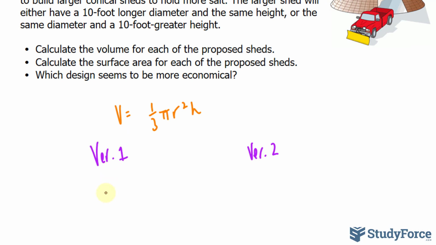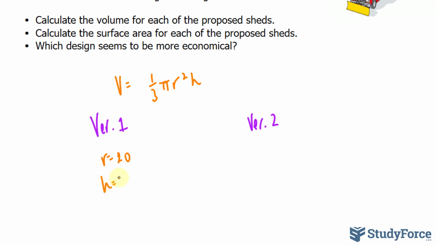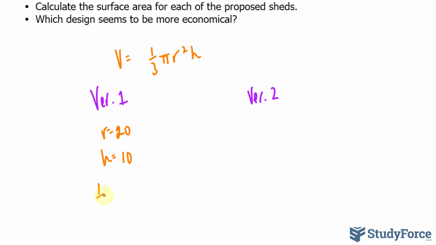We divide that by 2, so the radius is 20. And originally, the question gives us a height of 10 feet. So that's 20, and that's 10. Using this formula, we have 1/3 pi times 20 raised to the power of 2 times 10.